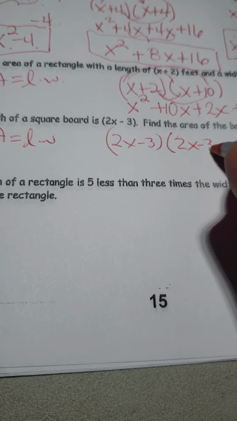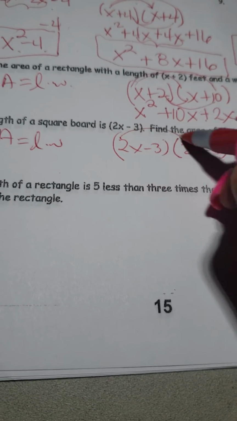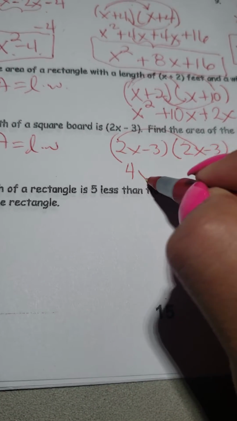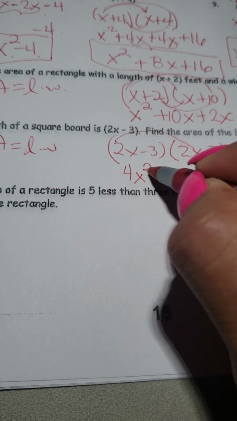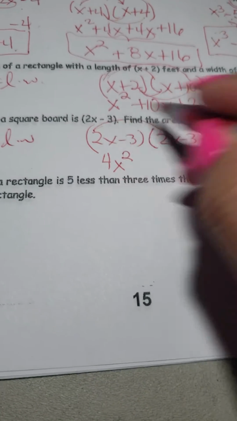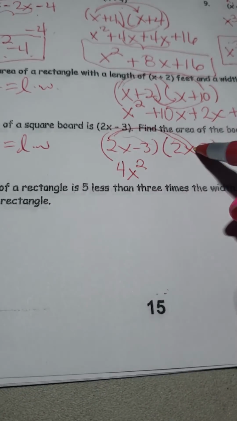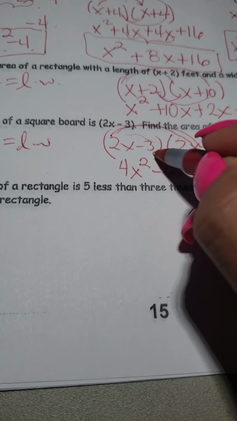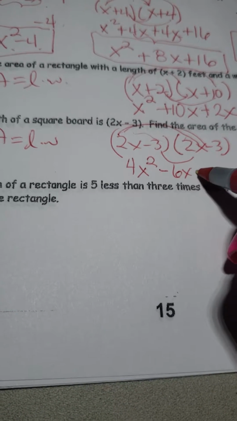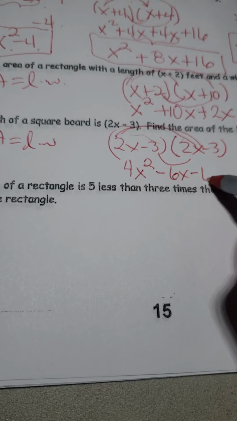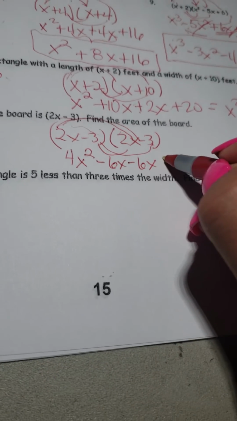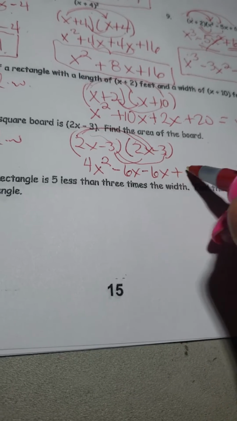2x minus 3. So 2x times 2x is 4x squared, don't forget that. 2x times negative 3, negative 6x. Negative 3 times 2x, negative 6x, and then negative 3 times negative 3, positive 9.